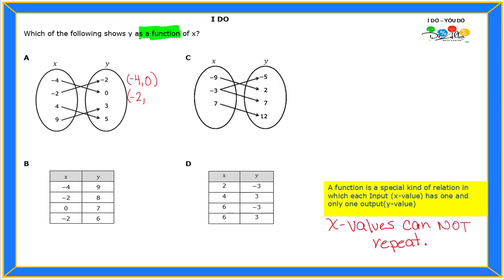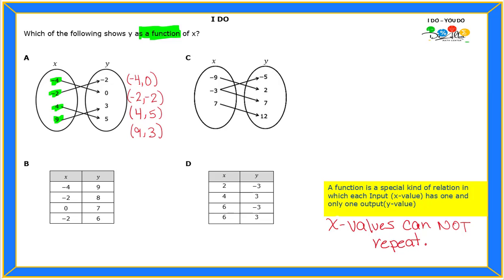Well, -2, follow it, it goes to -2. Then I'm gonna move on to 4. So what I'm doing is I'm looking at the x values only. These values, okay? And I'm trying to find out who are they going with. So 4 goes with a 5, and 9 goes with 3, okay?